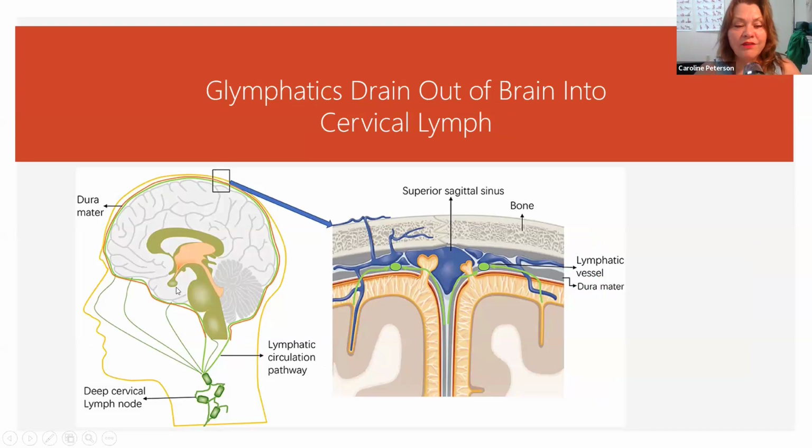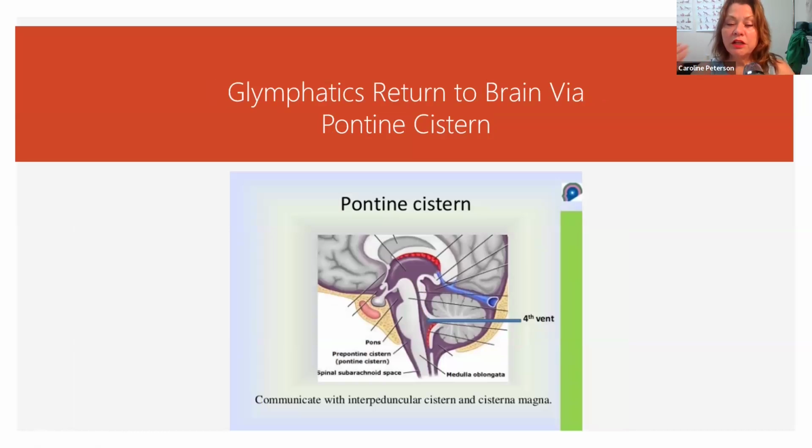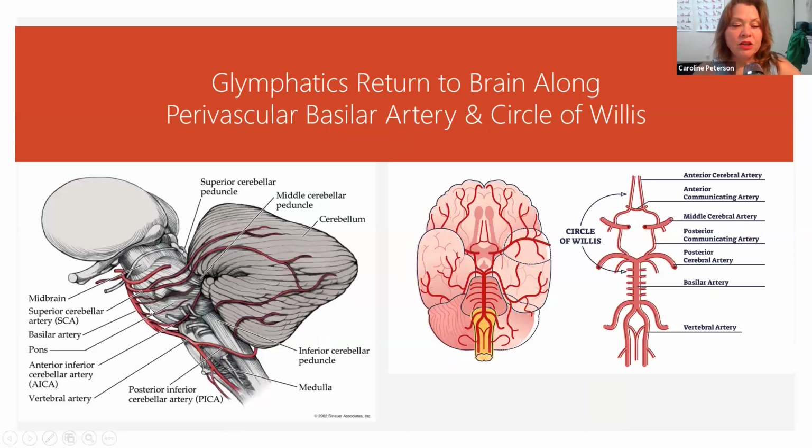The glymphatic system either moves the fluid down into the lymphatic circulation in the neck, and then down into the chest, or it can recycle and it can move up back into the brain via this pontine cistern right here in front of the area just below the pons in the brainstem, and then continue up the basilar artery in the front of the pons, and then move into the circle of Willis, which then will separate out into the anterior, middle, and posterior cerebral arteries. And then we begin the work again.